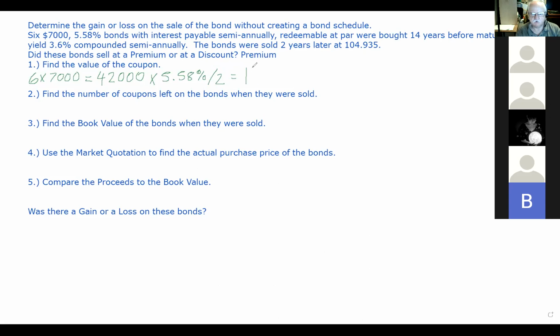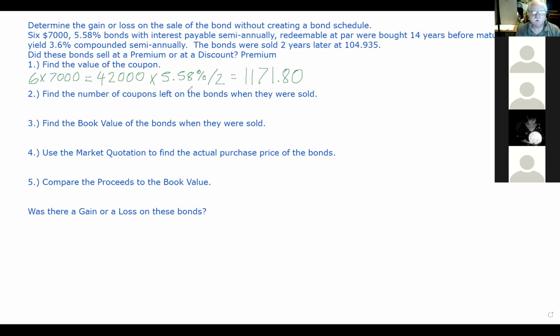And I'm getting 1171.80. And that's what Moodle wants there.